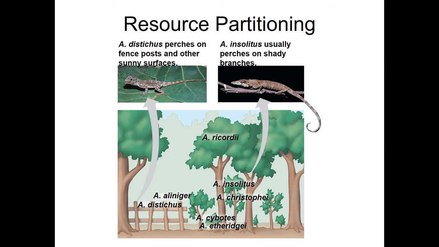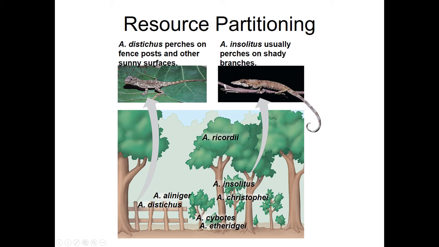So let's look at this example here. There are about 7 species of lizards known as the Anolis lizards that all occupy a similar niche. They all eat small insects, and they all require sunlight to warm themselves. And what they've seen is when they look at the habitat where we find these species, they have partitioned the resources so that some species are hanging out in the lower understory branches to sun themselves and to hunt for food.